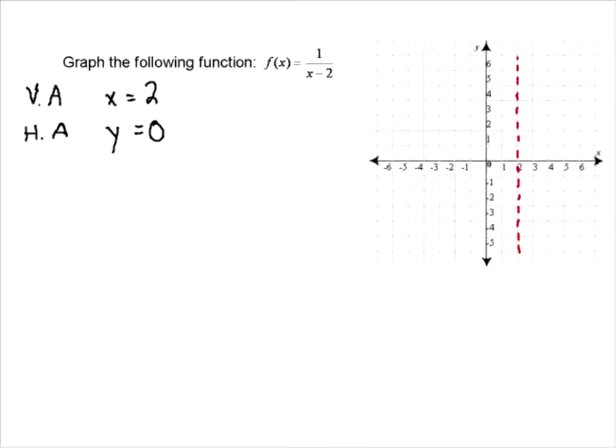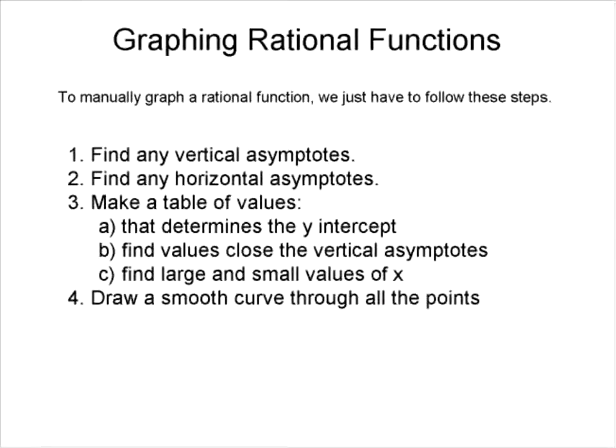Now we have a horizontal asymptote at y equals 0, which is right here, just like so. So all we've done so far is determine the vertical and the horizontal asymptotes. And remember, the asymptotes are values that the graph will never cross.